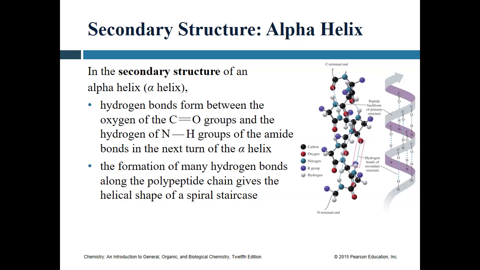As those molecules get close enough to each other to actually interact, the shape becomes more and more apparent, more and more noticeable, to the point where it basically takes on this spiral staircase kind of shape.